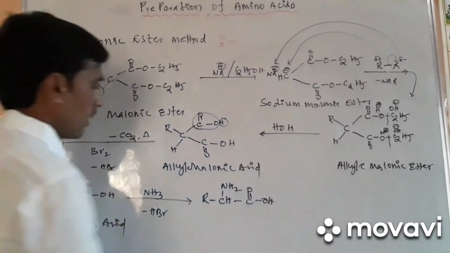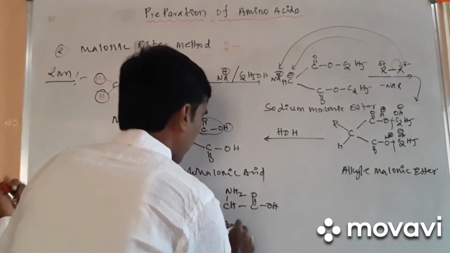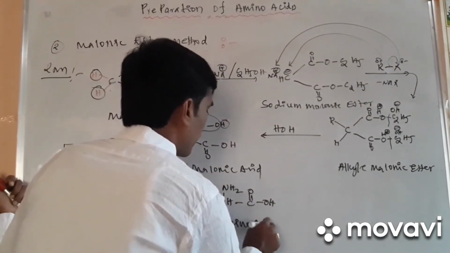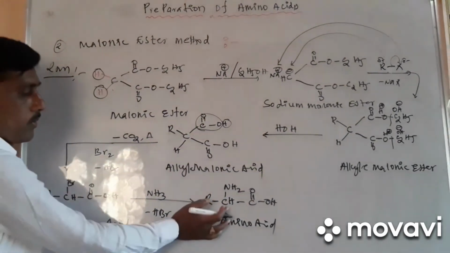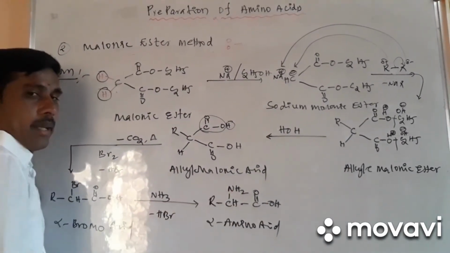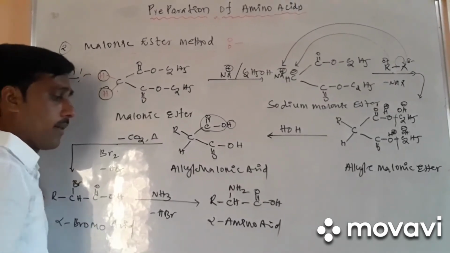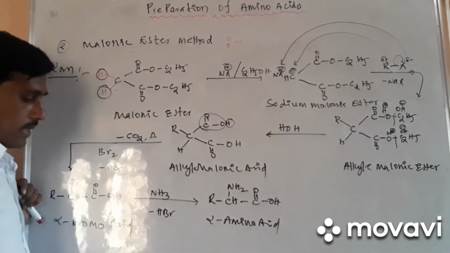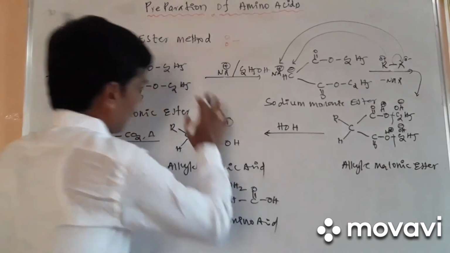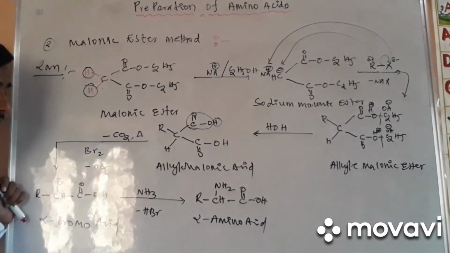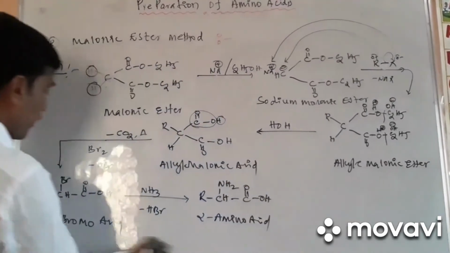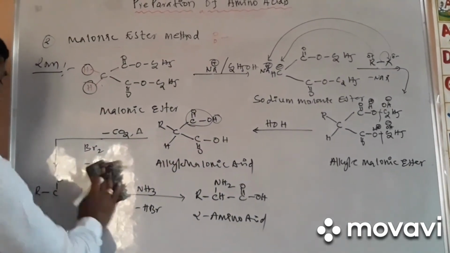It is an amino acid. Which amino acid? Alpha amino acids. The amine group is present at the alpha position, that's why it is called alpha amino acids. By using this normal method, we prepared isoleucine.